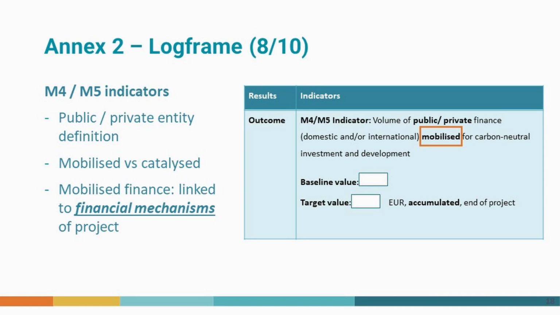In short, mobilized finance means the funds, public or private, that are directly linked or leveraged through the financial mechanism of your project. Similar to other M indicators, for this indicator, we also require a baseline value and a target value, which should be provided in euro.